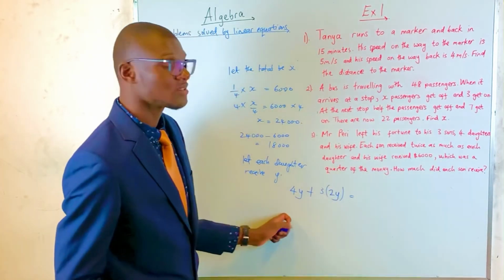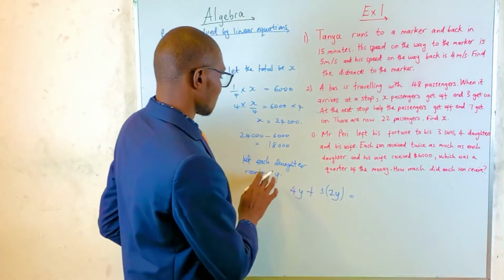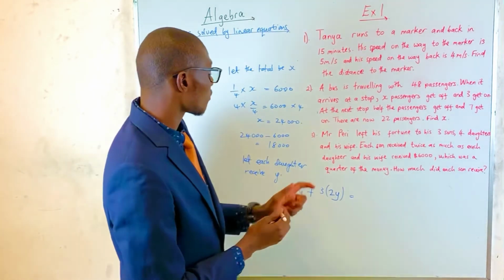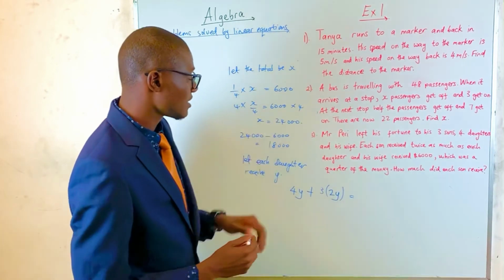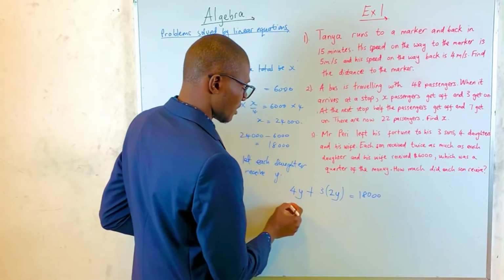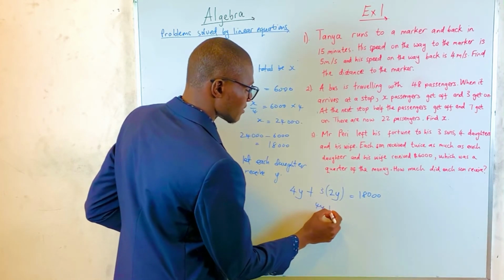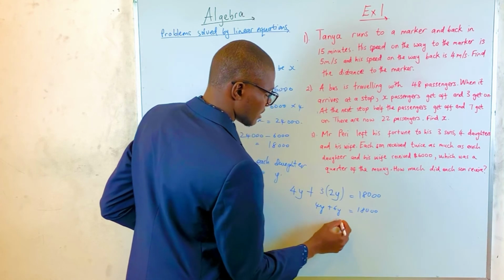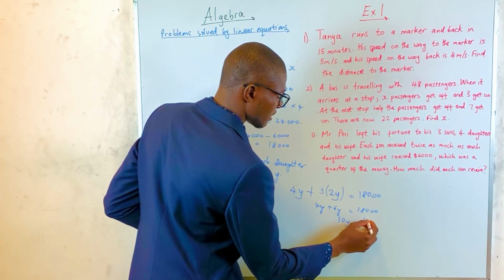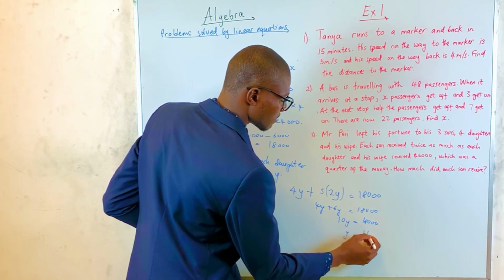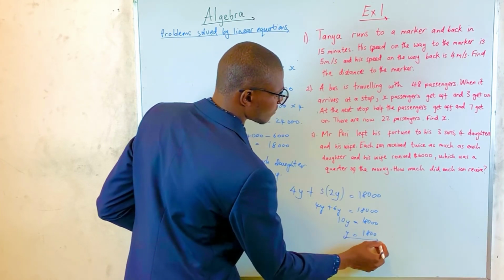So the sum of these should give us what was left after the wife got the 6,000. So we shall equate this to 18,000. Then this will be 4y plus 6y is equal to 18,000, right? Then 10y is equal to 18,000. So if we divide both sides by 10, y will simply be equal to $1,800.